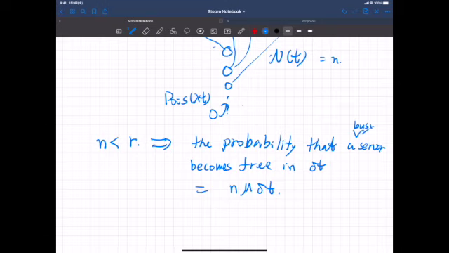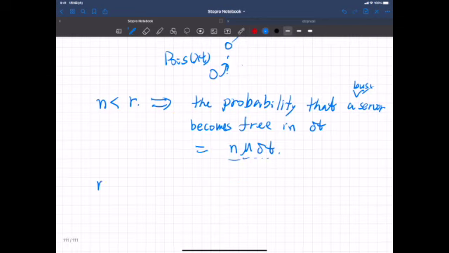Okay, so each server has the probability of becoming free with mu times delta t, and there are n servers that are serving now, so the total probability should be n mu delta t.